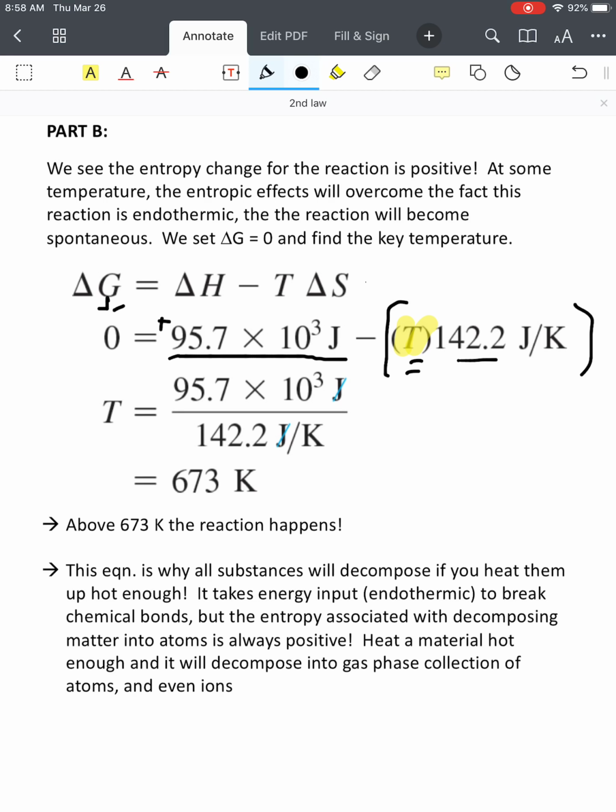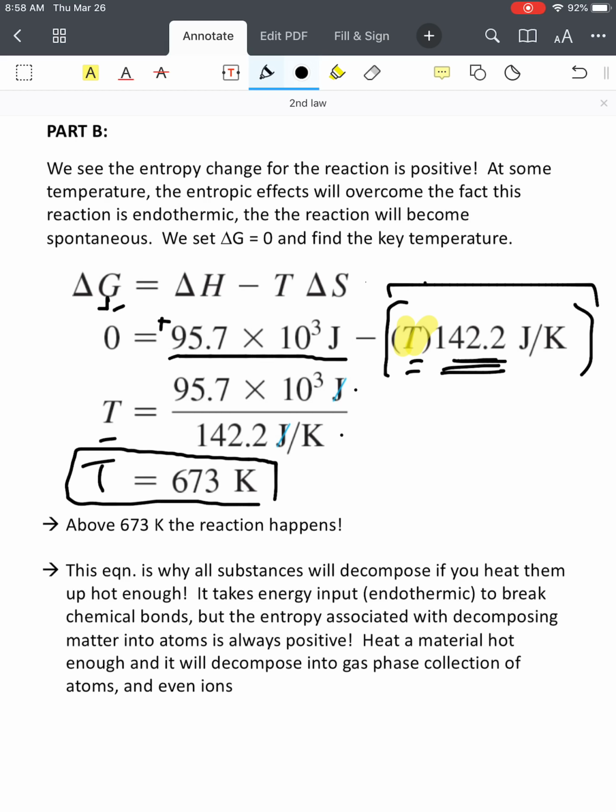To do that, I would first begin by taking this second term here and moving it over to the left by subtracting it from both sides. And then in doing that, I could solve for T by taking my delta H and dividing by my delta S. And when I do that, I find the key crucial value for T is 673 Kelvin.